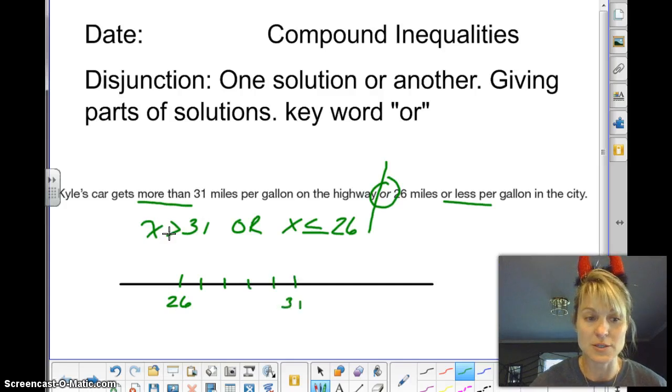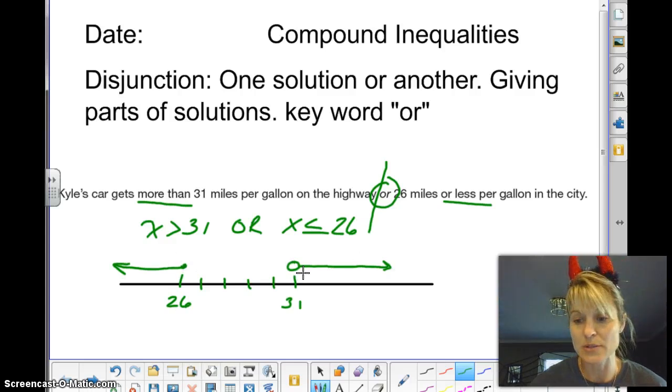When I graph this section, I know it's greater than 31, so I use an open circle going up. And here I know it's equal to 26 or less. So ors generally look like they're going in opposite directions, though they could all be going one direction, but this is mostly what you see when you're doing an "or" question.